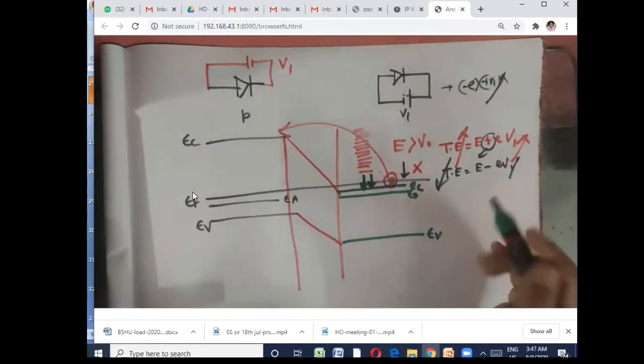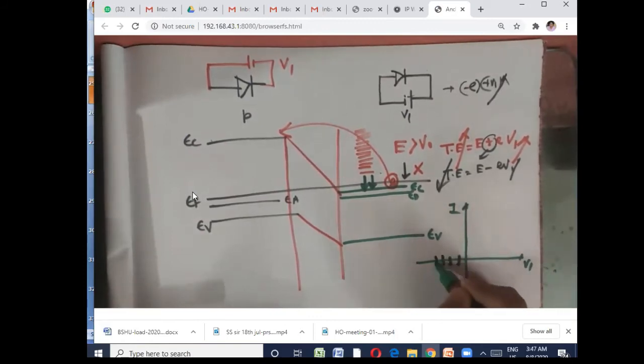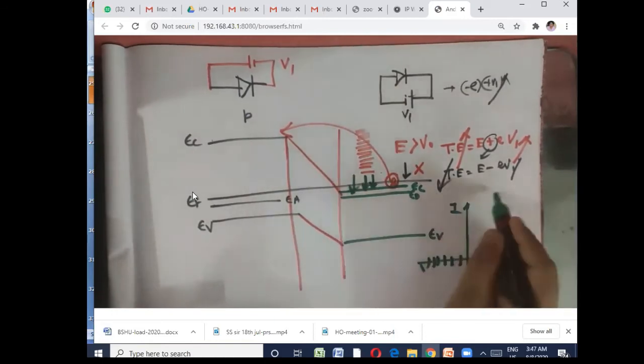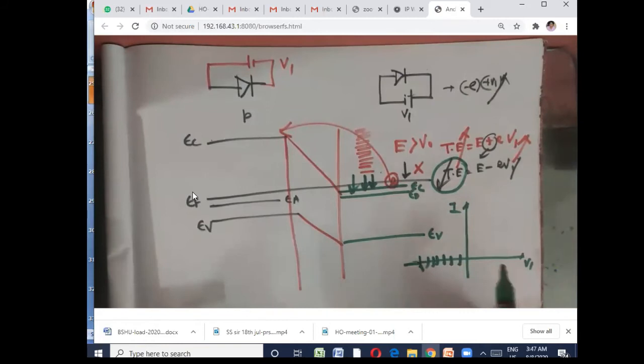So it can't go. That's why, if you look at the diode graph, you are increasing V1 to the other side, but that means you are lowering the electron's energy, so the electron cannot go to the other side. Then how do you get the current? Obviously, you don't get any appreciable current.